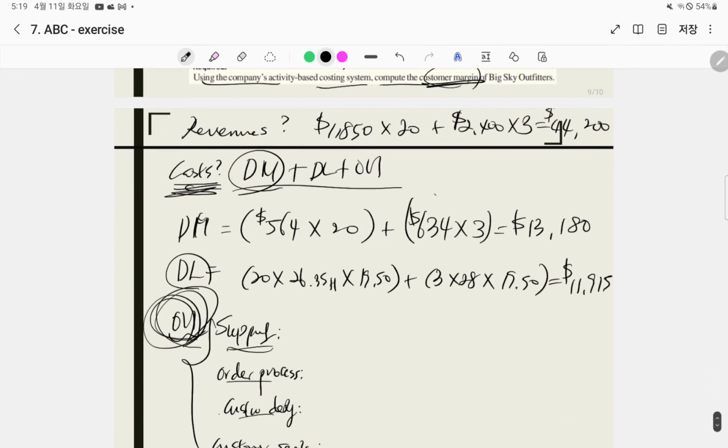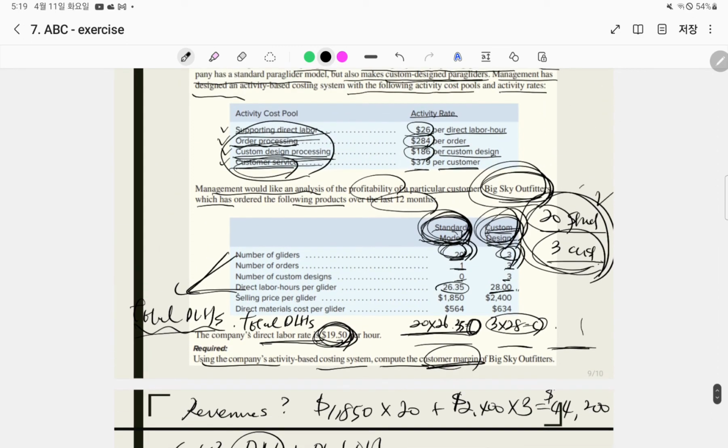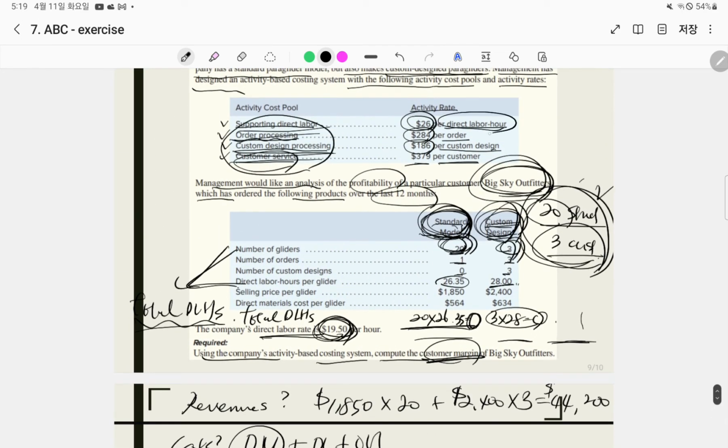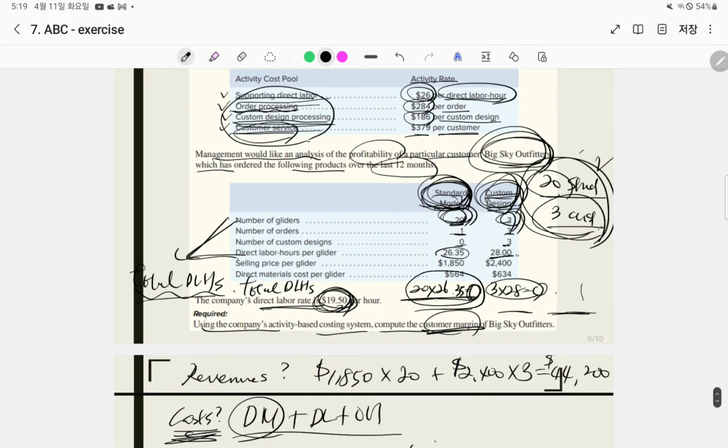So supporting direct labor, activity rate is $26 per direct labor hour. So direct labor hour is here.